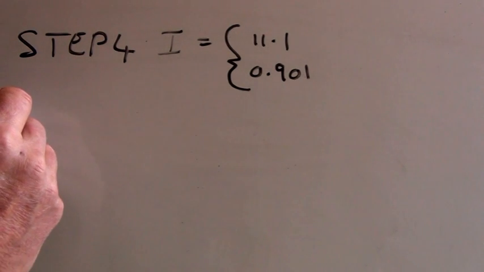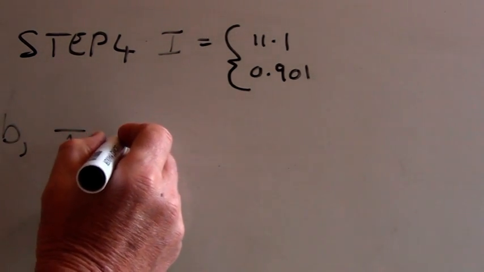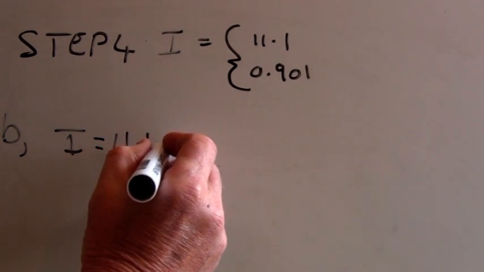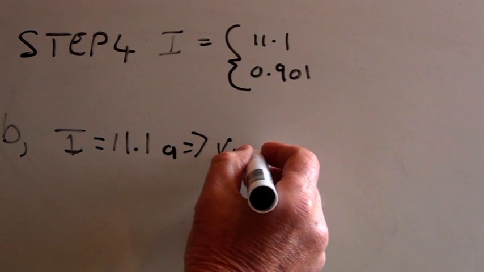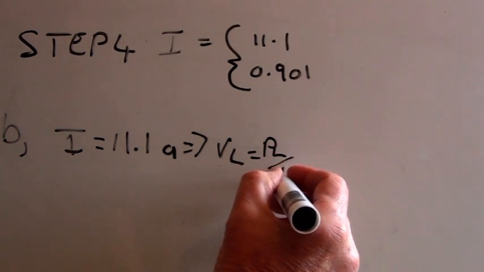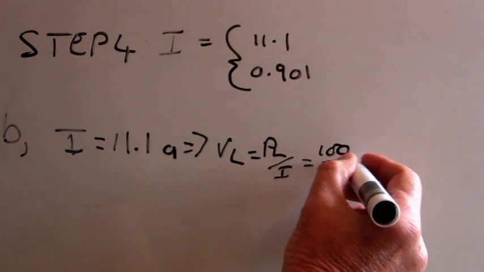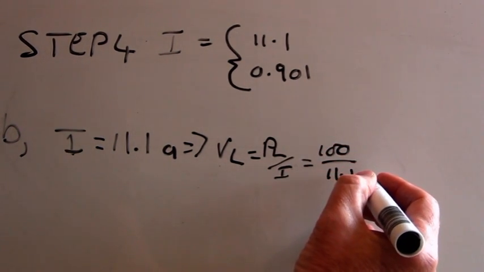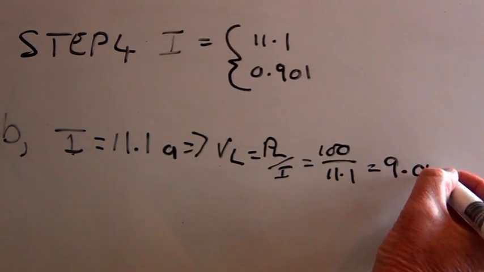So we have B, I equals 11.1 amps, which tends to V_L equals P_L divided by I, which equals 100 divided by 11.1, which equals 9.01 volts.